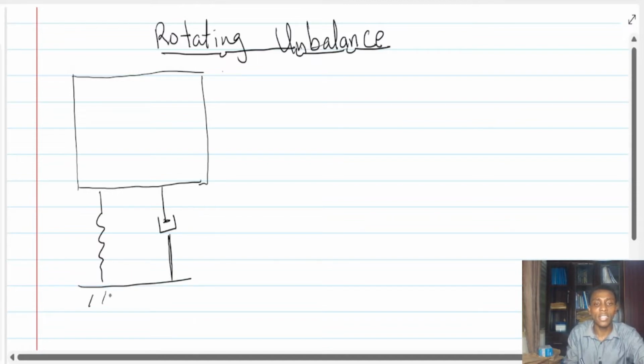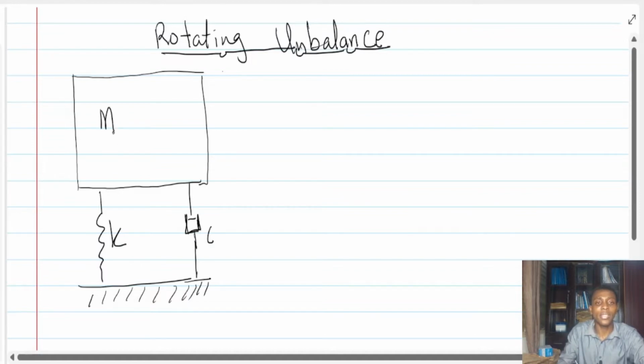And then this is actually connected to some support. So this is my K, and then this is my C, right? And then this is my mass.